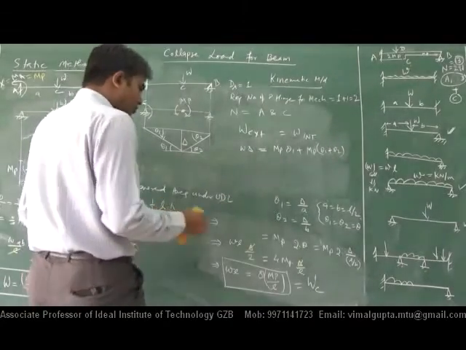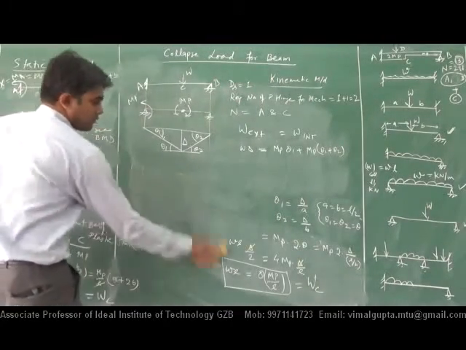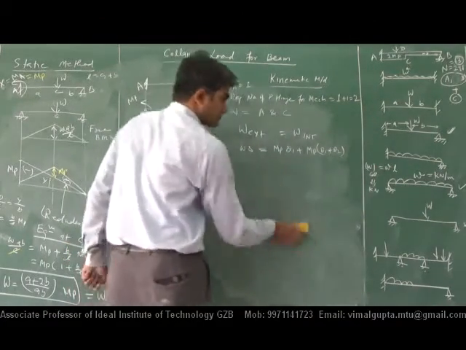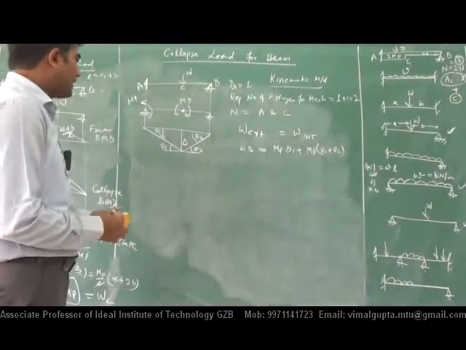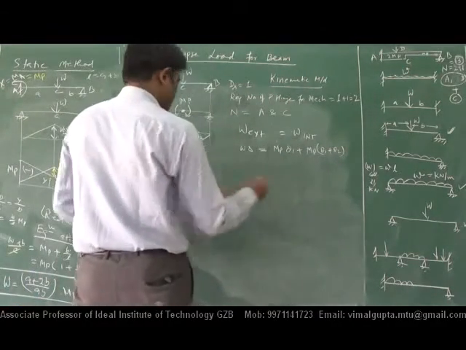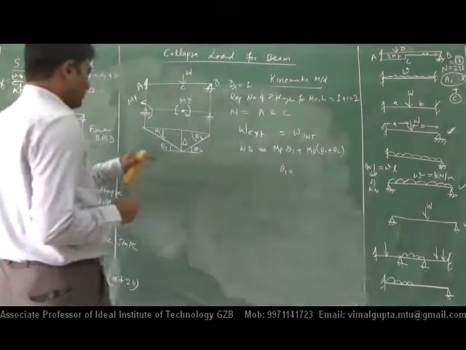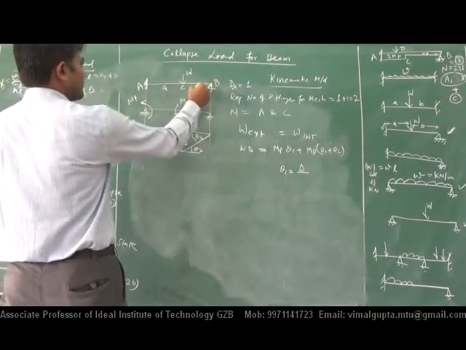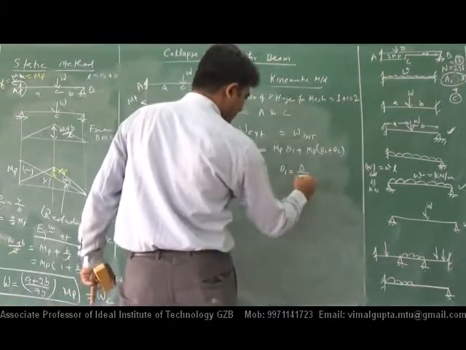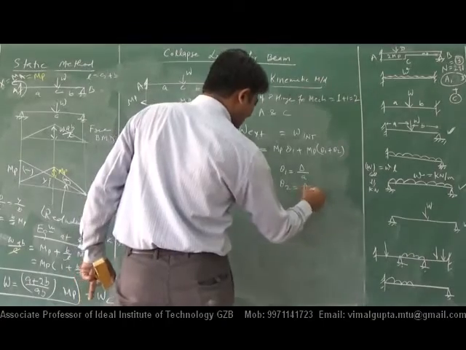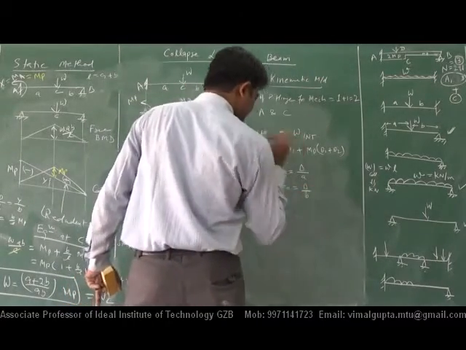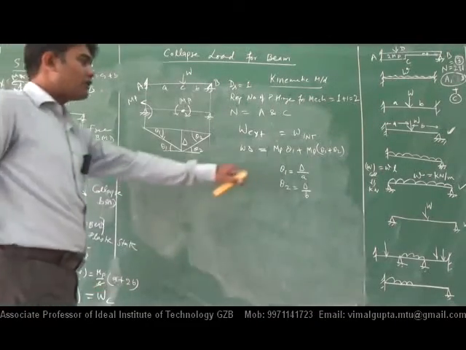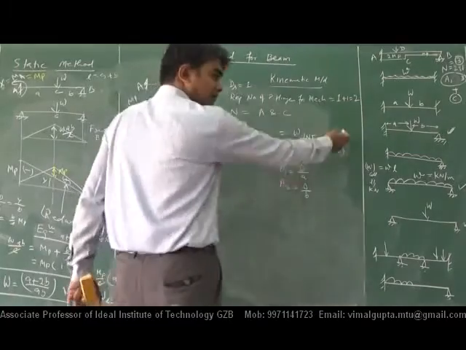Using similarity we can find the value of theta 1, which will be delta by a, if that distance is a, and theta 2 is delta by b. Okay, put that. No need to assume any value because delta will be cancelled out.